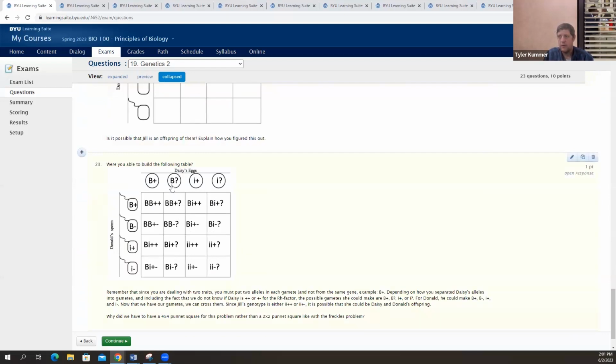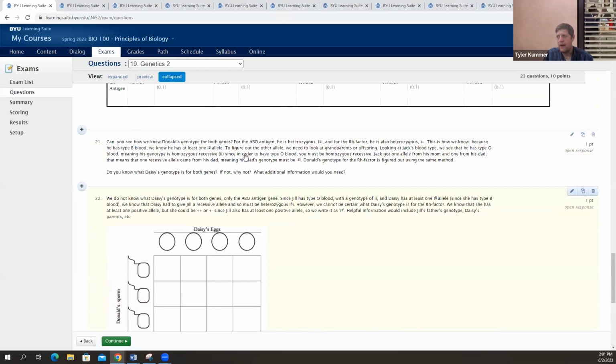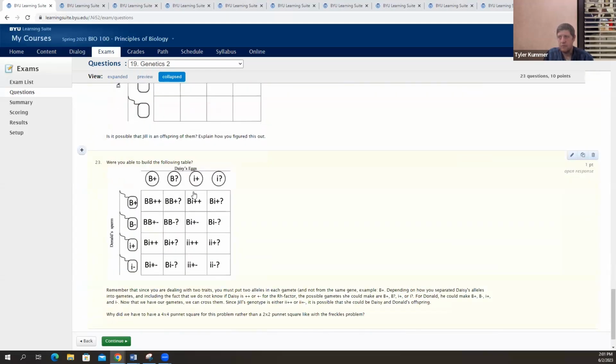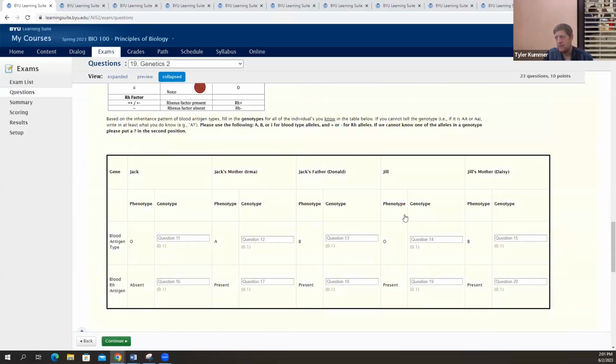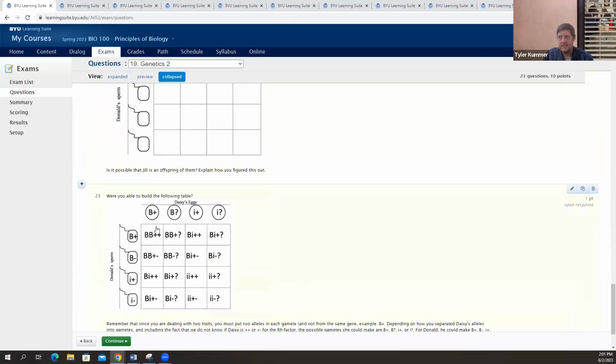Now we don't know Daisy's second allele in this case. And so it's just represented by a question mark. But hopefully that made sense as they're going through that why, what we were trying to rule in and rule out, right? Essentially, we're saying, could they produce a child who is O positive like Jill? And so that's why we needed to, we didn't know what Daisy's second allele was for blood type.